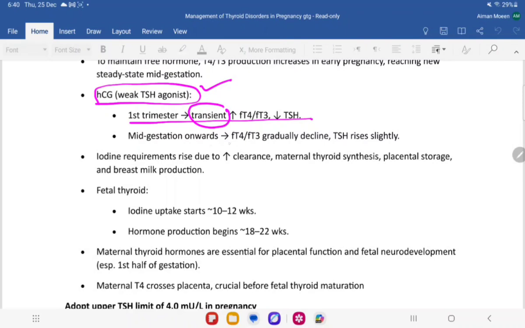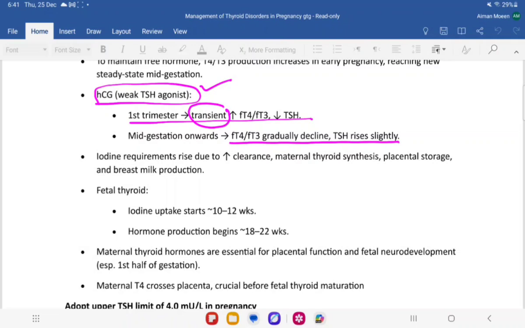Towards mid gestation, it gradually declines and TSH rises again. This is a separate topic which you need to compare with the gestational. This is what we call gestational hyperthyroidism, and we need to differentiate it from the hyperthyroidism of Graves' disease.